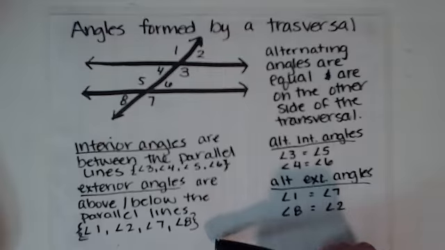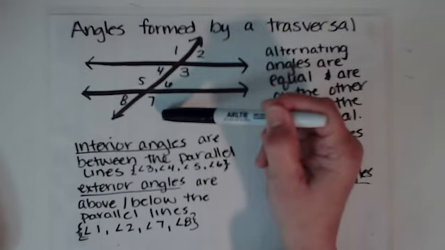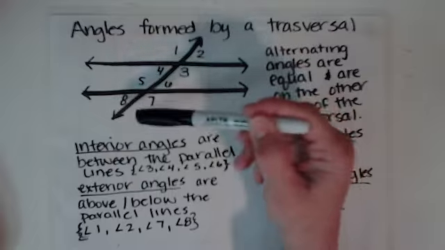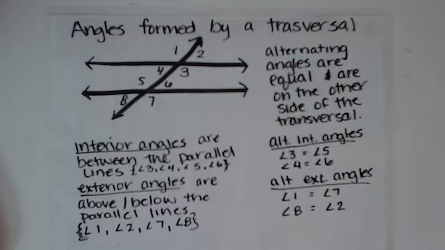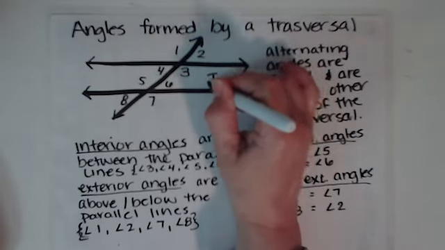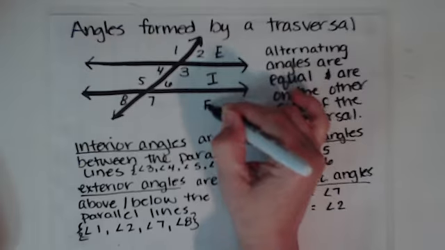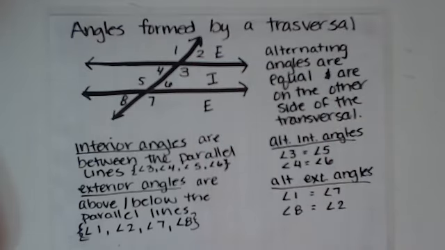Exterior angles are the angles that are outside the parallel lines. So 1, 2, 7, and 8 in this diagram. So we have internal, inside, and external are on the outside. Now, there are some rules that help us identify these.